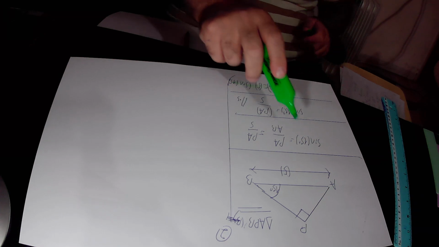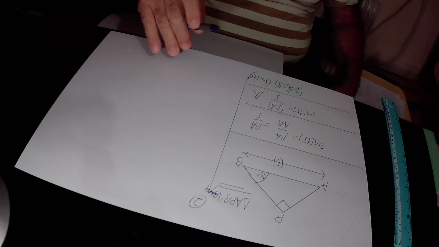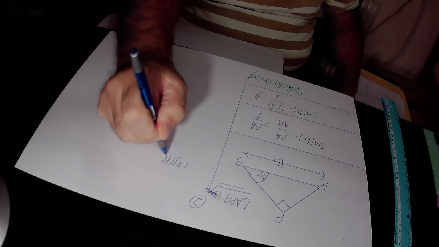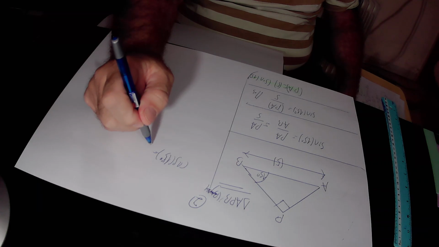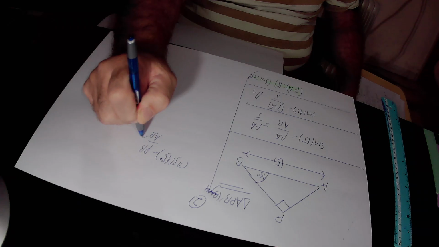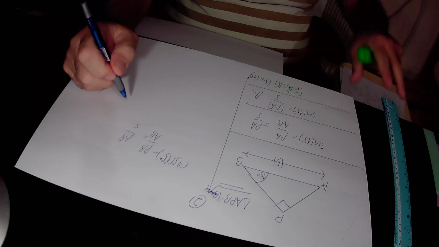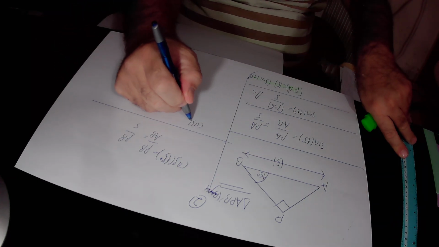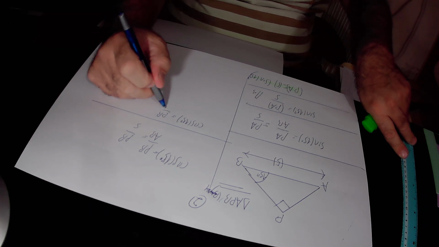We continue to focus on this right triangle APB. In this right triangle APB, cosine 15 degrees is equal to PB over AB. So it is PB over AB. AB is 5. So in total we found that cosine 15 degrees is equal to PB over 5.